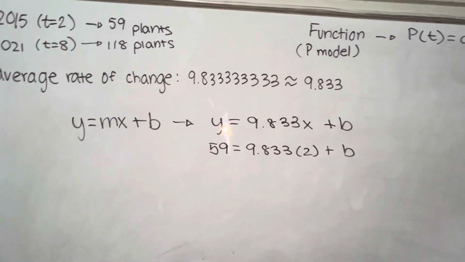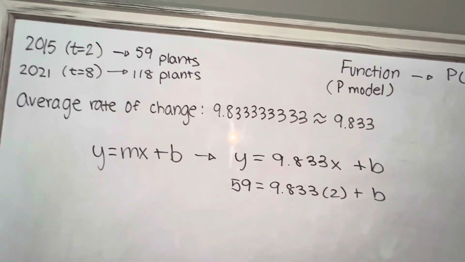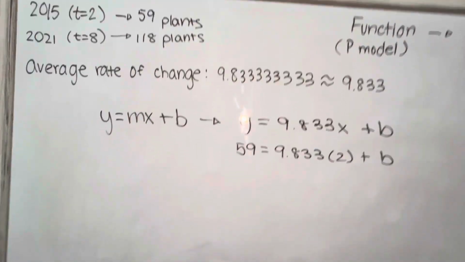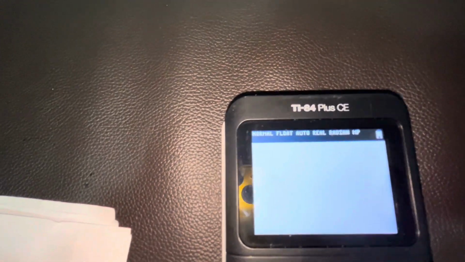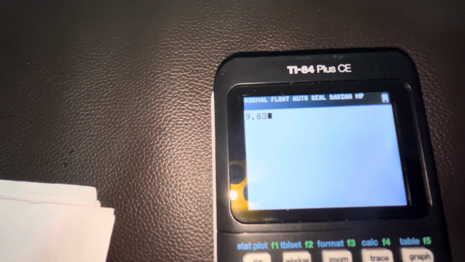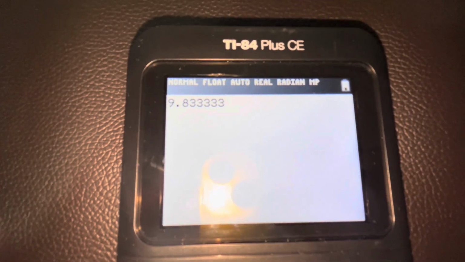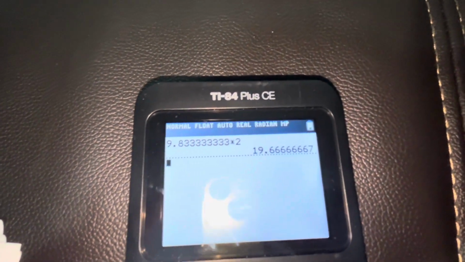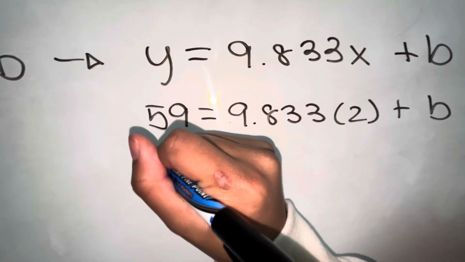Let's put that into our calculator, but again, use this exact version in order to get an accurate number. So let's turn our calculators on. Okay, let's do it. 9.83333 times 2 is 19.666666667. So that's what you would have over here.